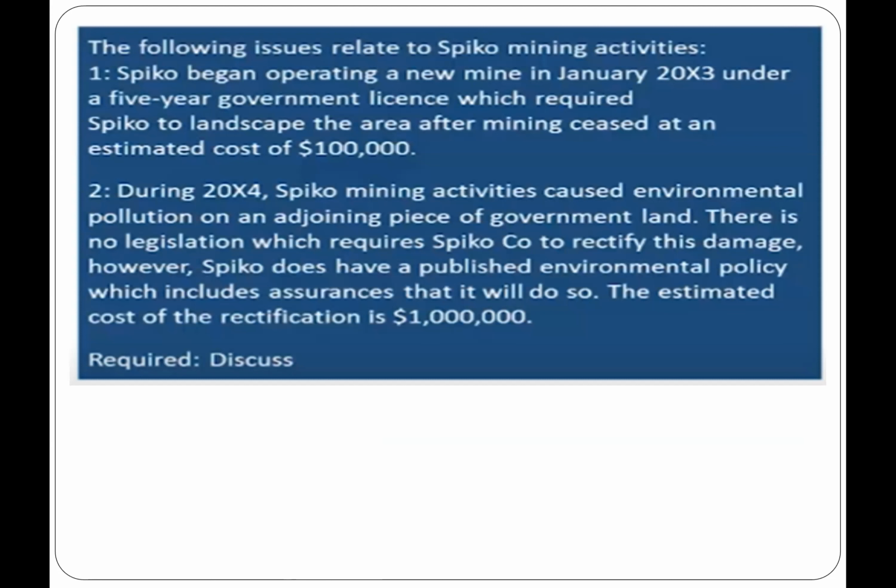Spico began operating a new mine in January 2023 under a 5-year government license, which required Spico to landscape the area after mining ceased at an estimated cost of 100,000. So that's the first scenario. Our question is saying discuss. So we want to discuss recognition. So how do we recognize this transaction in our financial statements?